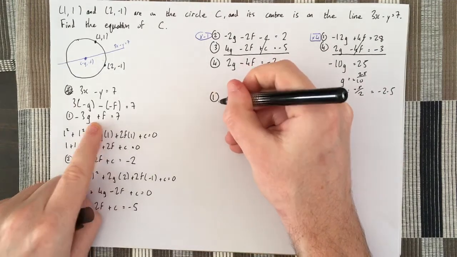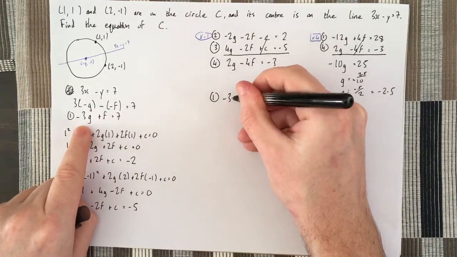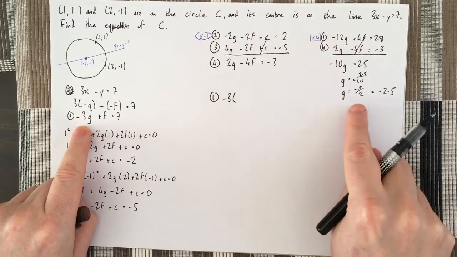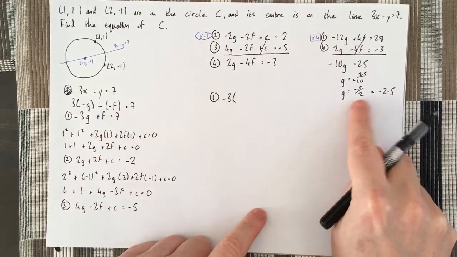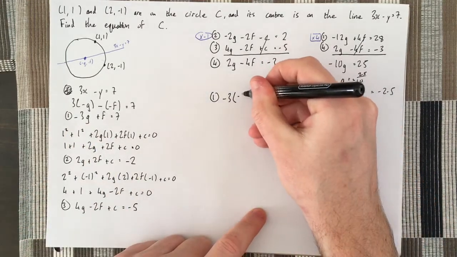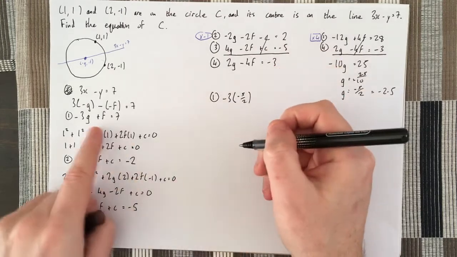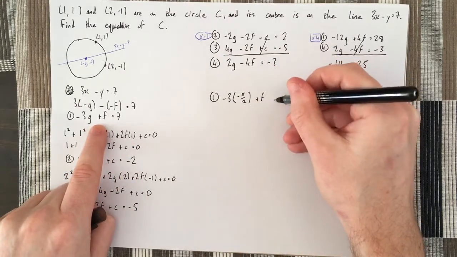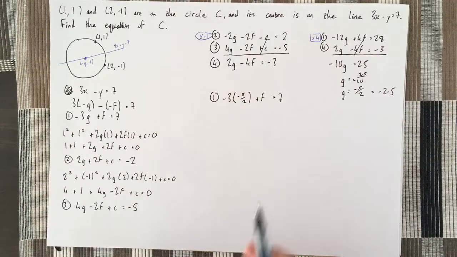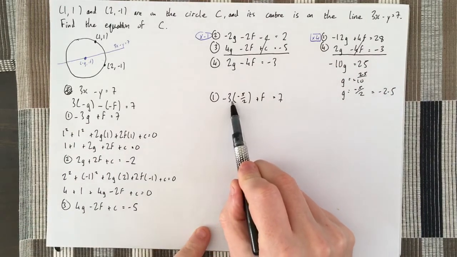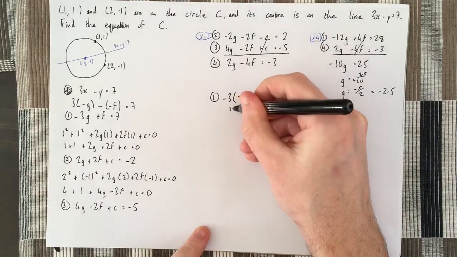So equation 1, minus 3g: minus 3 times, whichever form, I'm going to leave it as a fraction probably, minus 5 over 2 plus f is equal to 7. Minus 3 multiplied by minus 5 over 2 is plus 15 over 2.